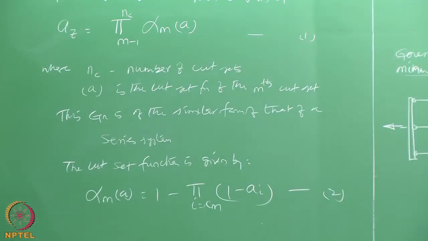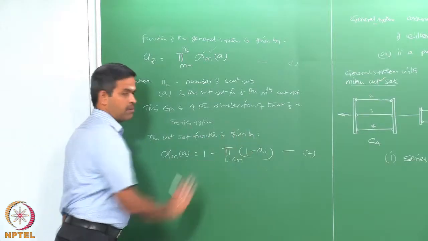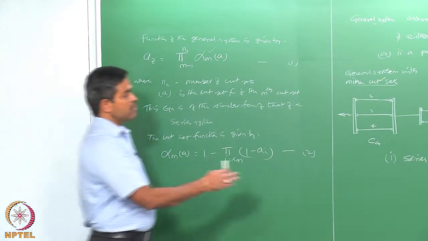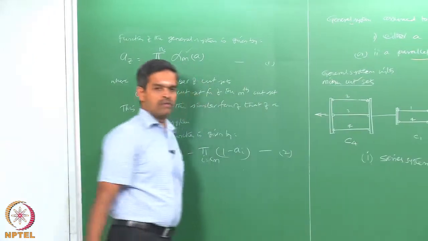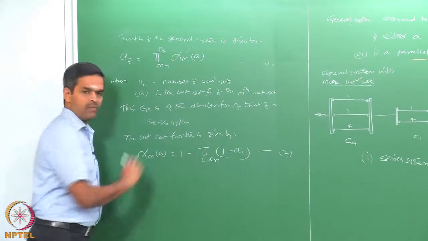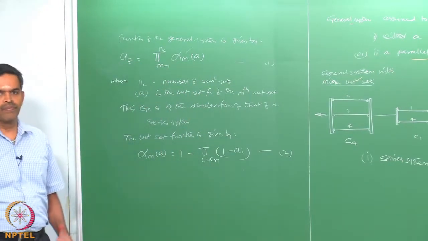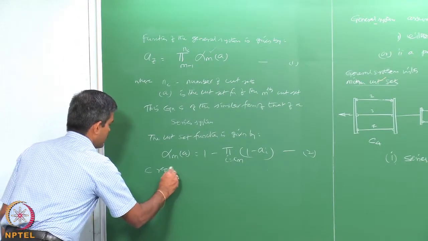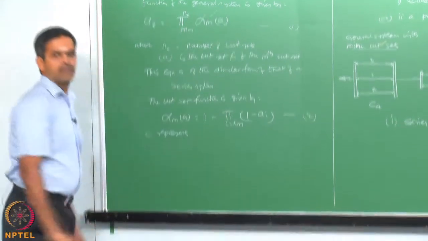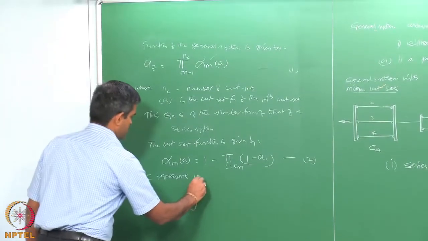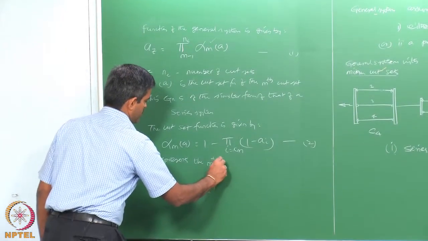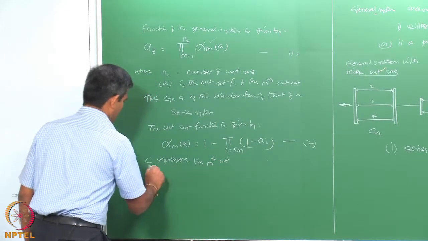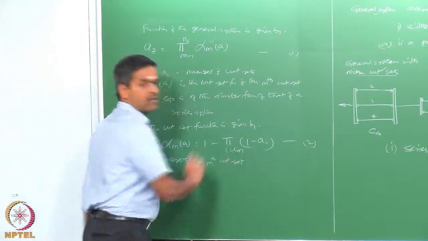So, alpha m a which is used here is given by, because now in this system each one of them remains as parallel, is it not? Therefore, the function failure is going to happen from this equation. In this case, C m actually represents the mth cut set.